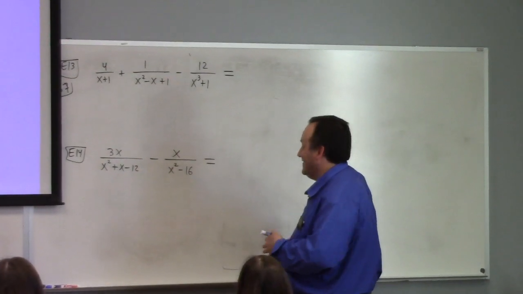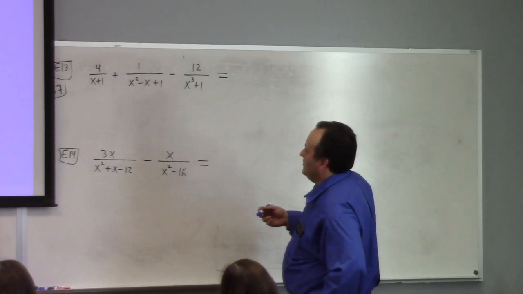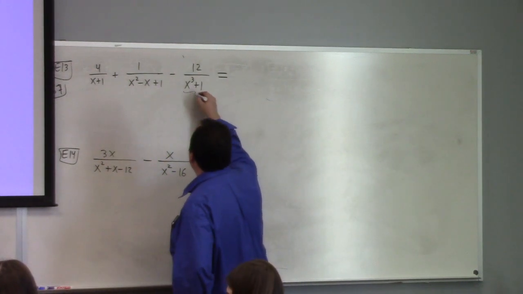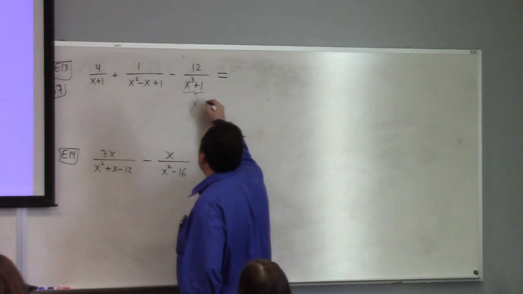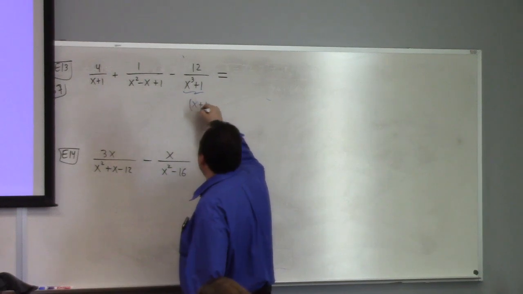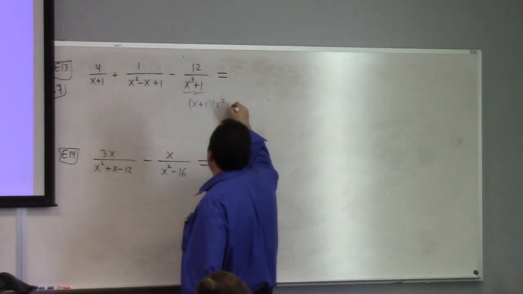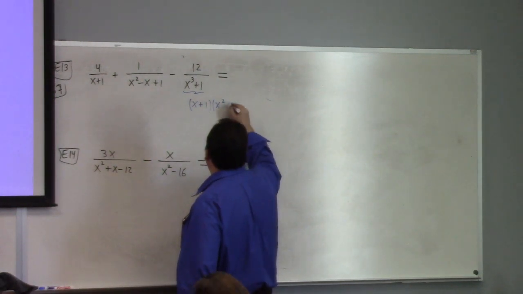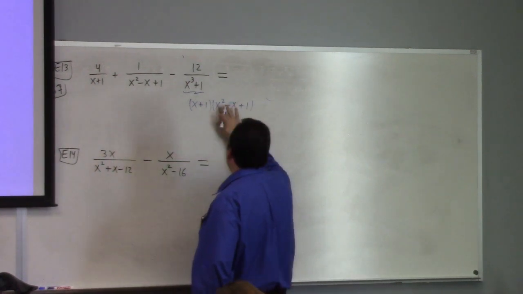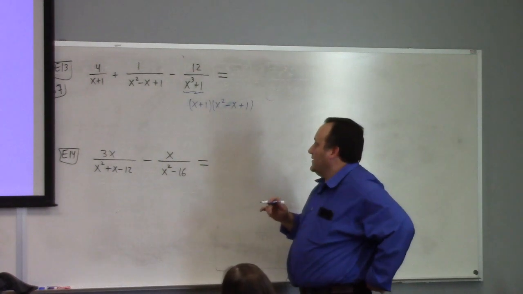I know what's going on here. So the thing is, this is x, if I remember right, plus 1 times x squared minus x plus 1, I believe. Right?